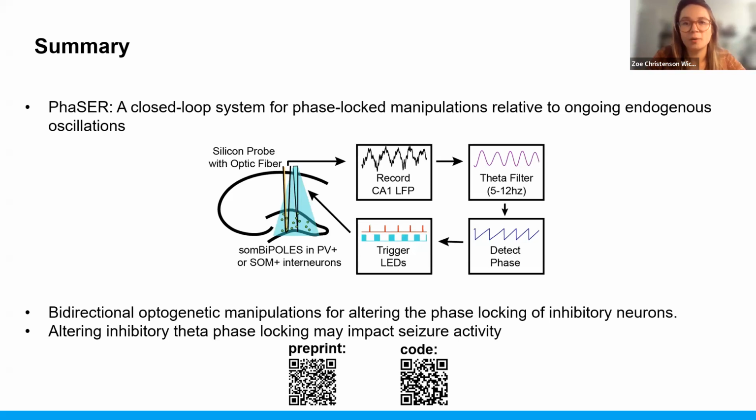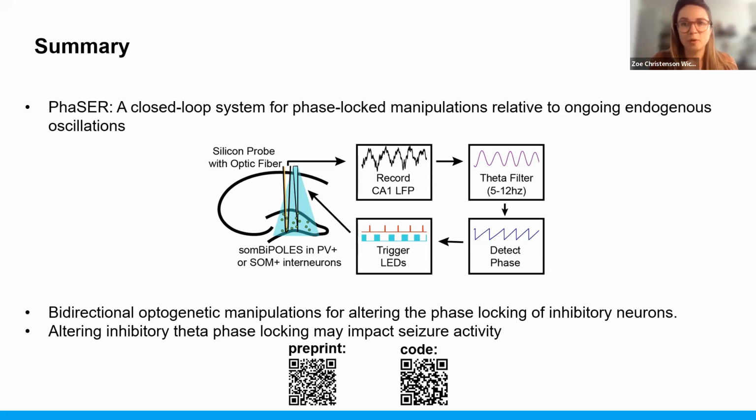Oh, and Martha, the second part of your question that I ignored earlier and was just reminded of: I do have some very preliminary data to suggest that how recently a seizure happened will influence how off the phase locking of these inhibitory neurons is.